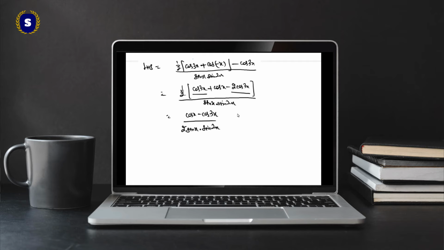Cos a minus cos b, which is equal to minus 2 times sin a plus b divided by 2 into sin a minus b divided by 2. We'll get minus 2 sin 4x divided by 2 into sin minus 2x divided by 2.